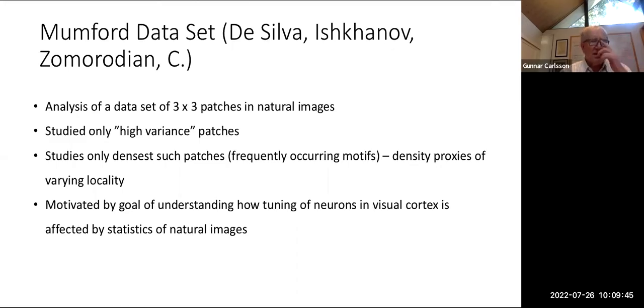The second thing is that the data sets are very, very large. This one is coming from David Mumford's group at Brown, which he had at that time. The data set is big enough that you would capture basically everything.